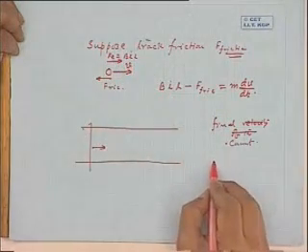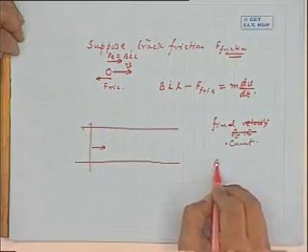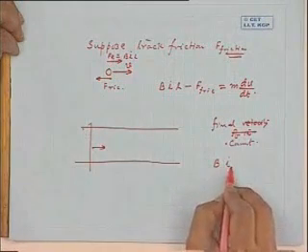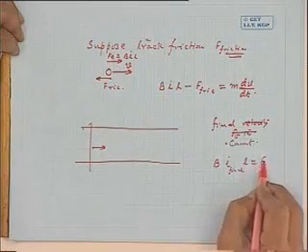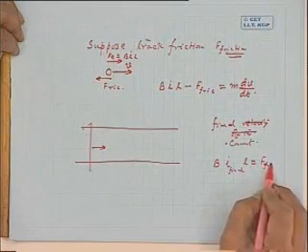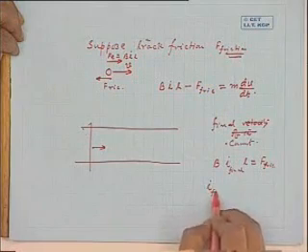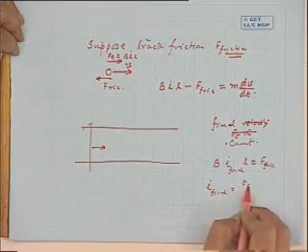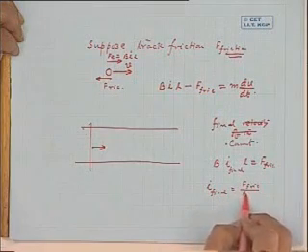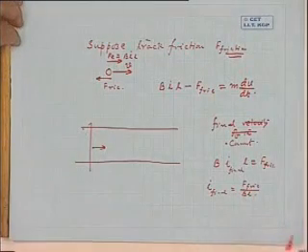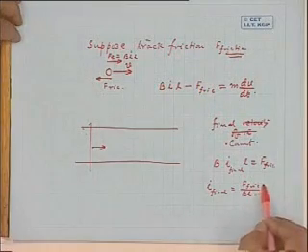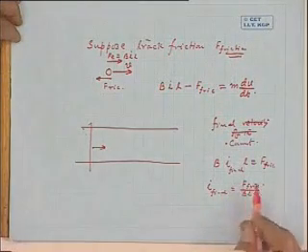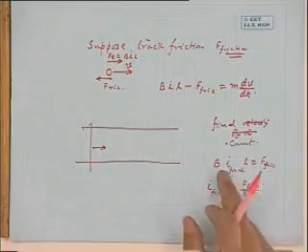Final current, let us write, final current with this frictional force to overcome should be such that B into I final into L should be equal to F friction, such that I final should be this much. Like this, frictional current.